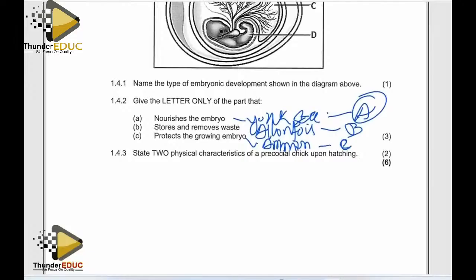State two physical characteristics of a precocial chick upon hatching. Precocial means born prepared. You understand? So in this case, they are prepared. Eyes are open, meaning that they can see properly. Number two, you can list all of them.